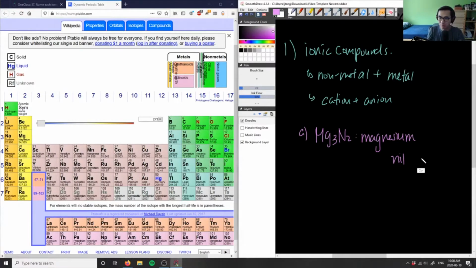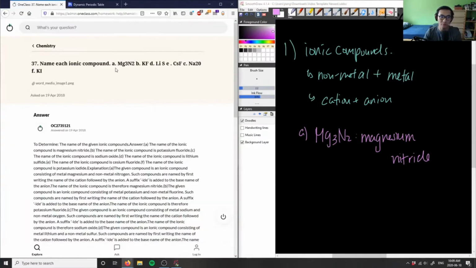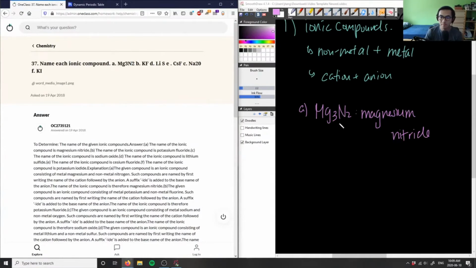So it becomes magnesium nitride. This is very similar for all ionic compounds: we write the metal as it is, and for the non-metal, we drop the ending and add IDE. So we have magnesium nitride as the answer for the first one.